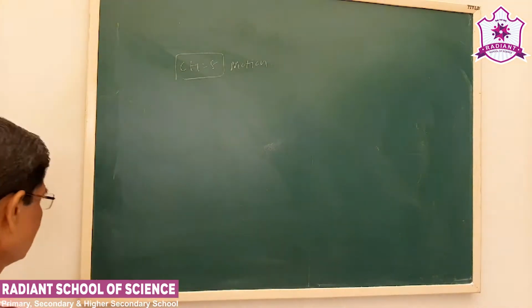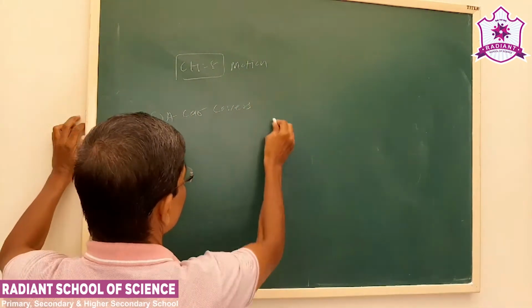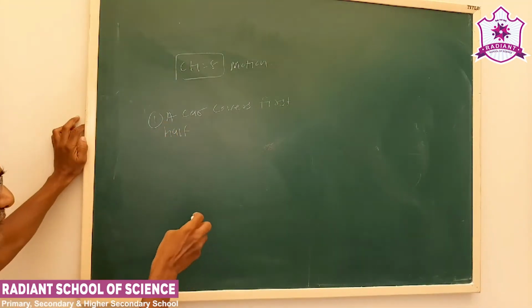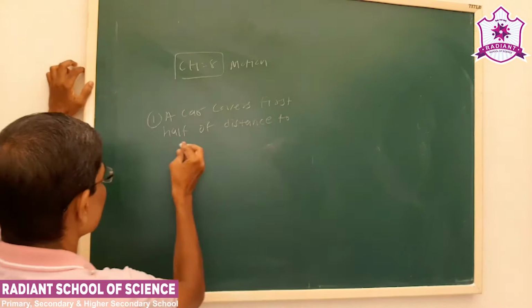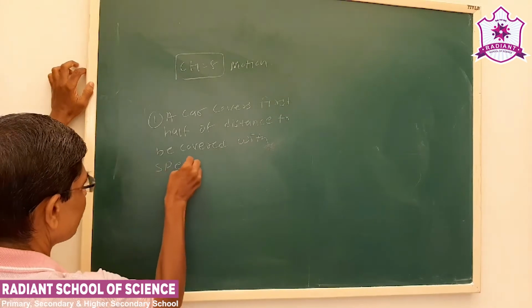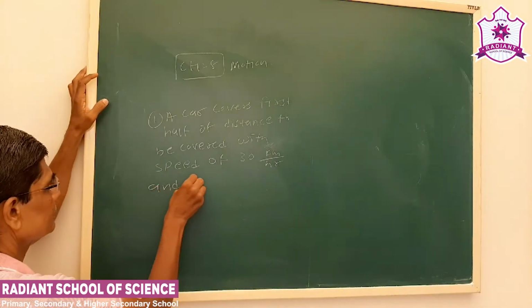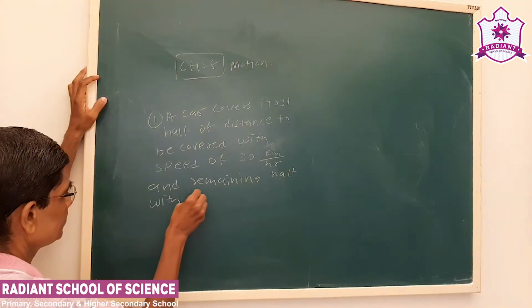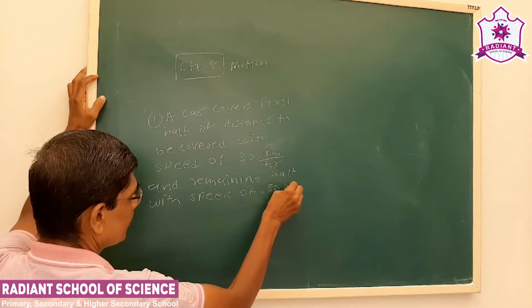See, a car covers first half of distance covered with speed of 30 km/h, and remaining half with speed of 80 km/h.